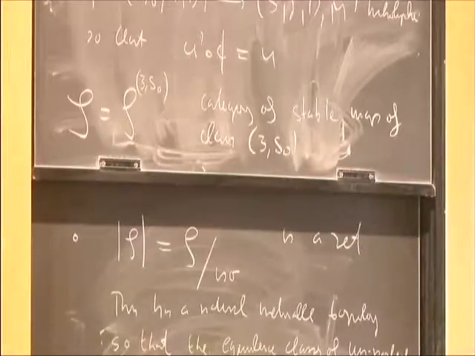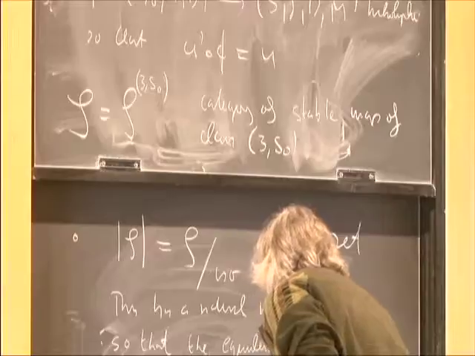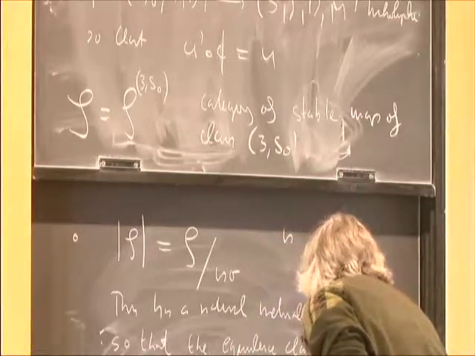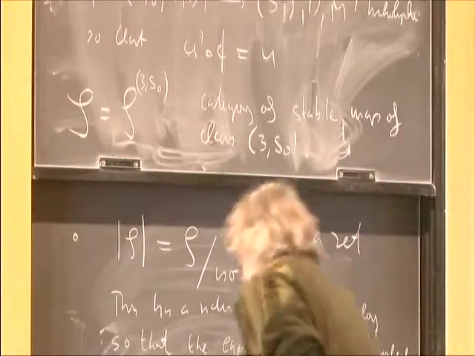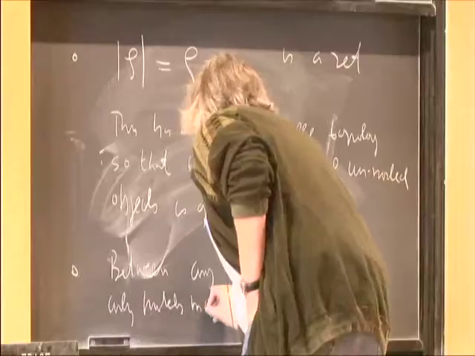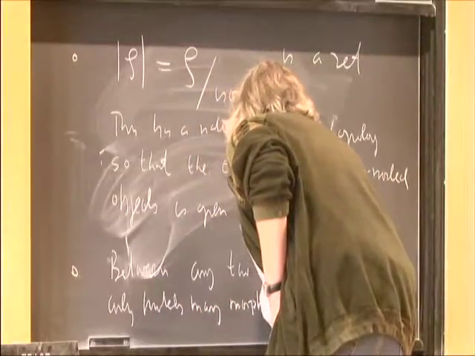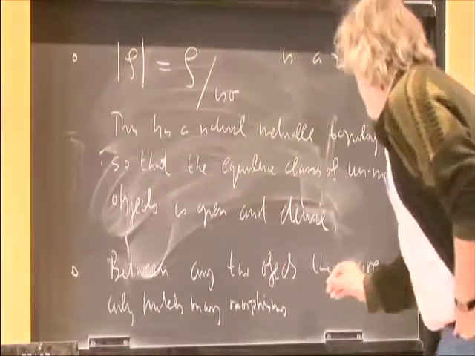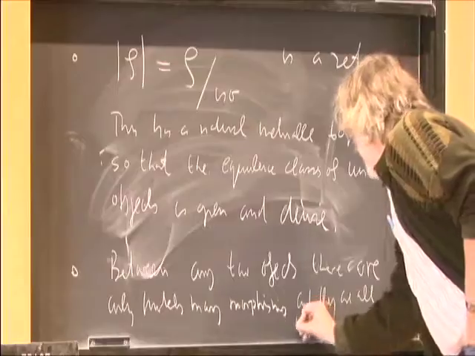So between any two objects there are only finitely many morphisms, and all morphisms are isomorphisms.